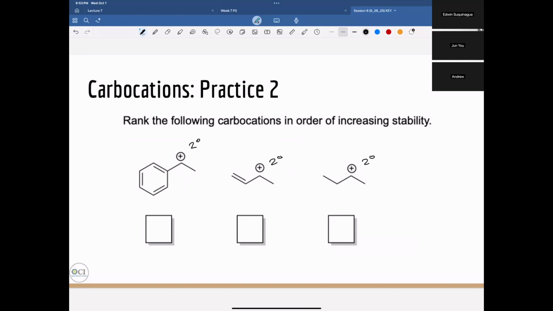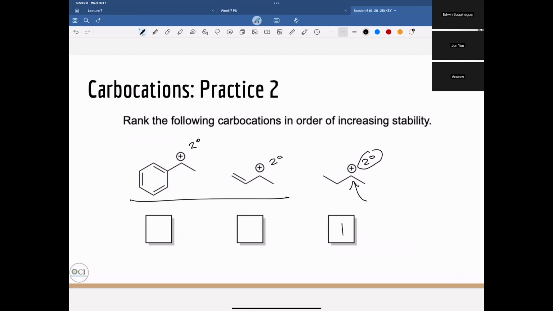The least stable would be this one right here, because although it is a secondary carbocation, it can't do any resonance, while the other 2 can, as we will see in a few seconds. So this would be 1, the least stable.